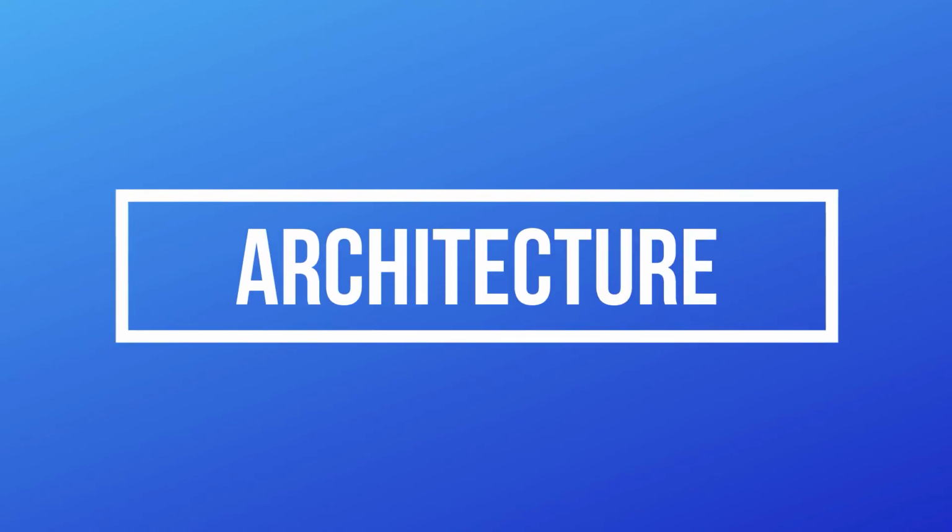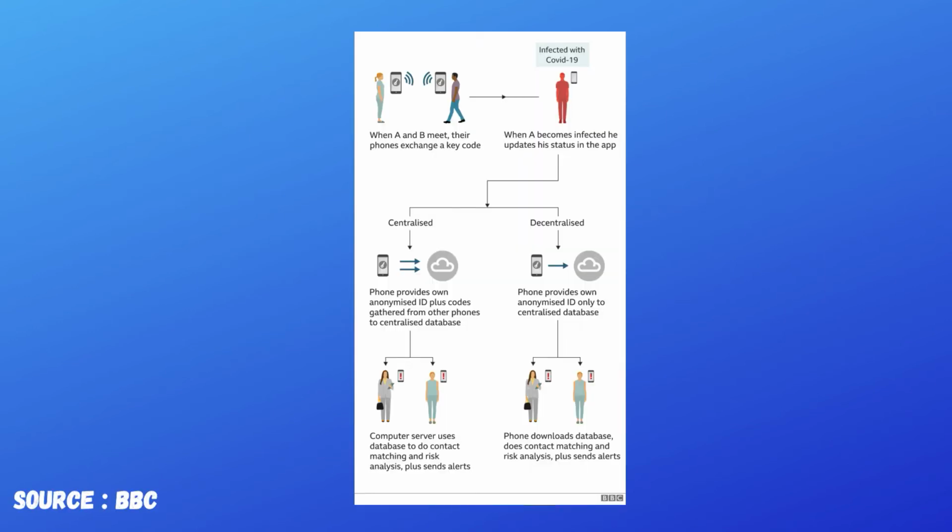The main thing which I want to put forward here is the underlying architecture of these digital contact tracing apps. Aarogya Setu comes under the centralized type of contact tracing, wherein the data collected from the user's phone is sent to a central server and all the contact matching and tracing is done on this central server, and in return a response is sent to the user's smartphone.